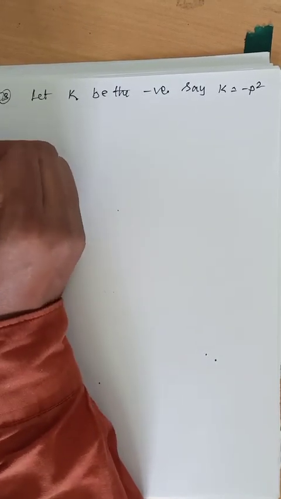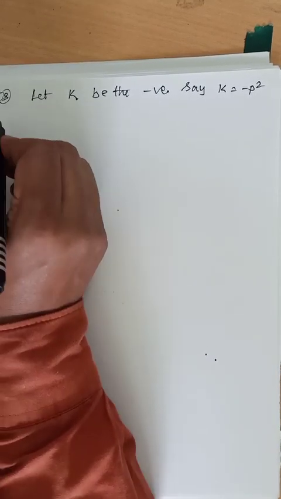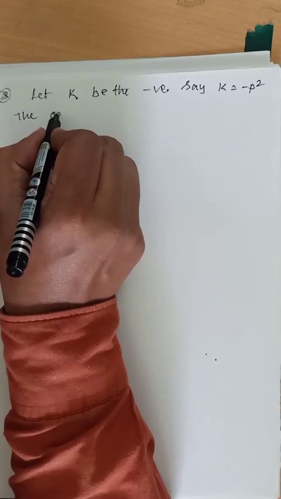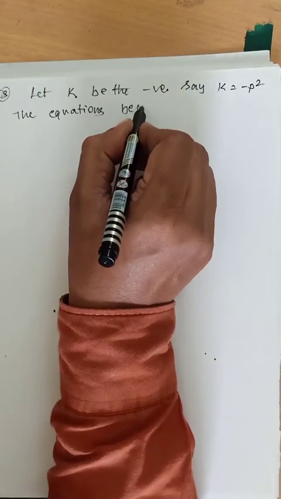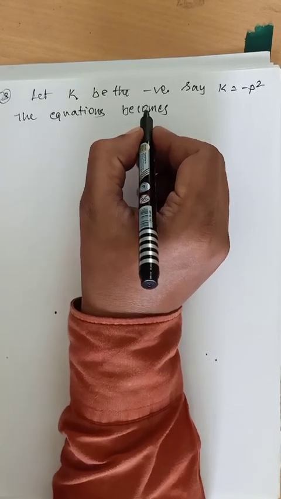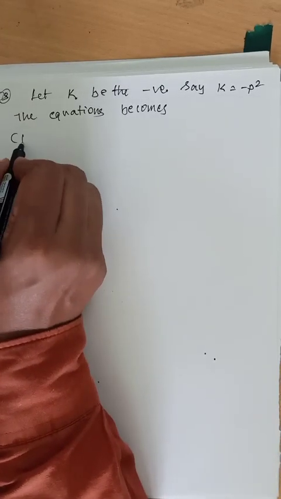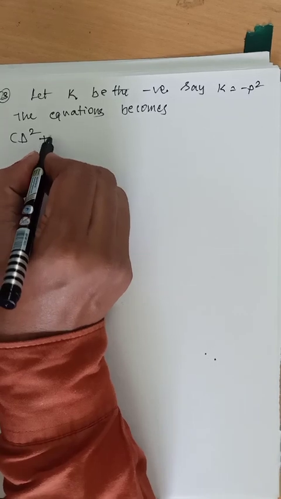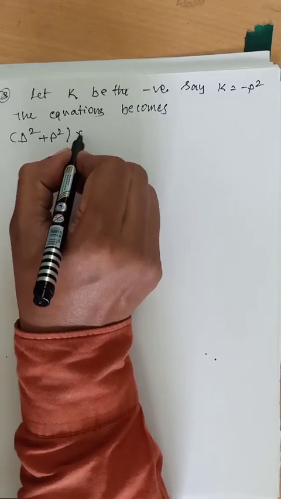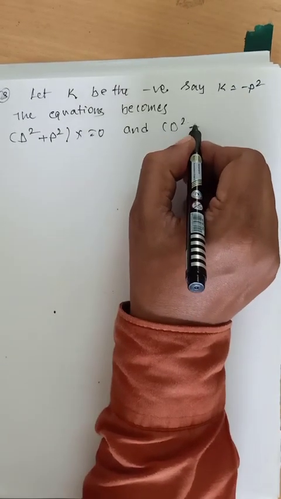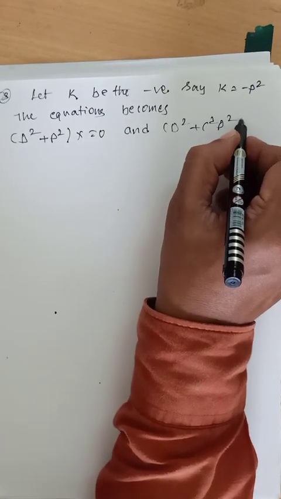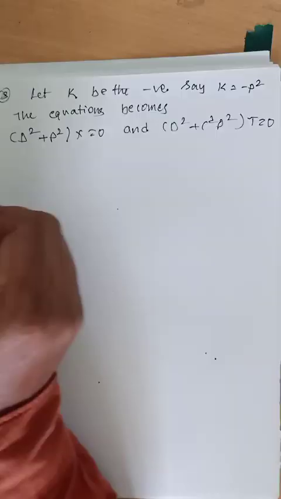Case 3, the equation becomes (d square plus p square) x equal to 0 and (d square plus c square p square) t equal to 0.